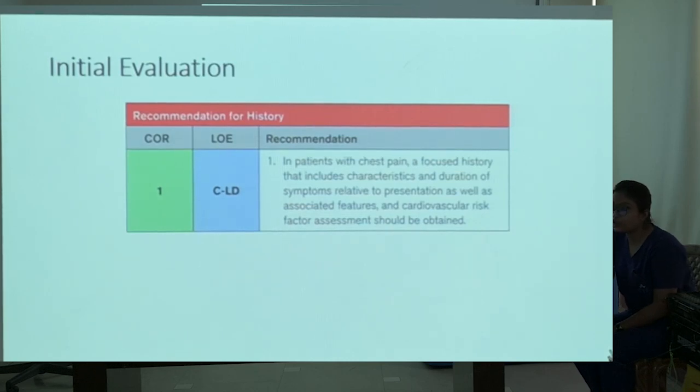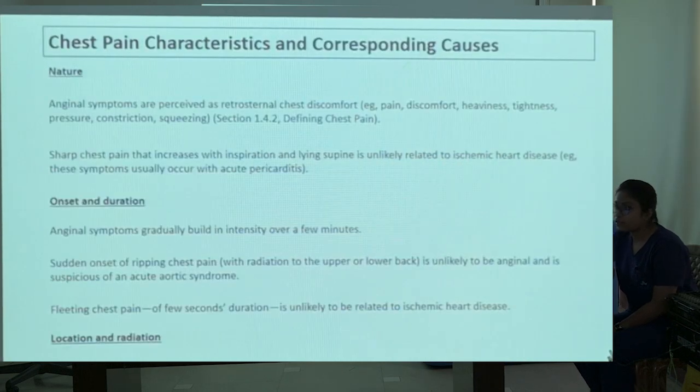As per the initial evaluation, the recommendation for history suggests that in patients with chest pain, a focused history that includes characteristics and duration of symptoms relative to presentation, associated features and cardiovascular risk factor assessment should be obtained. The different chest pains can be evaluated according to their characteristics and corresponding causes.